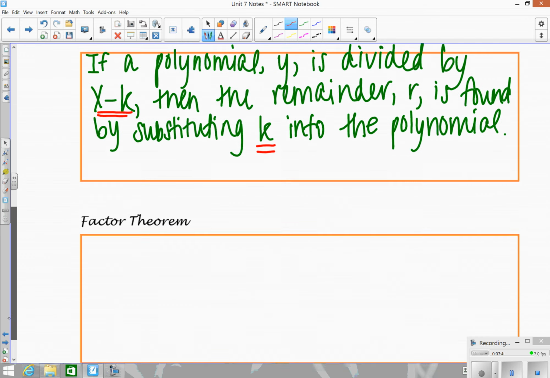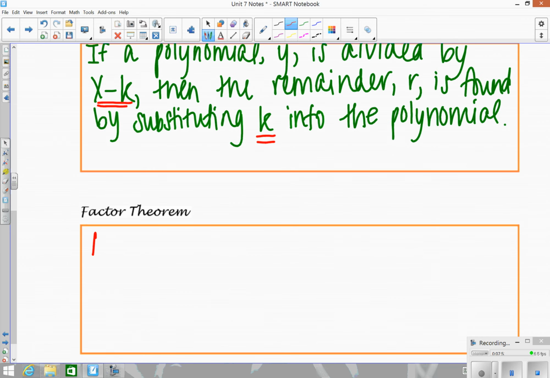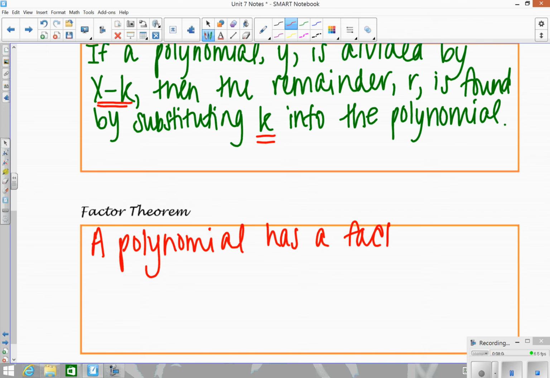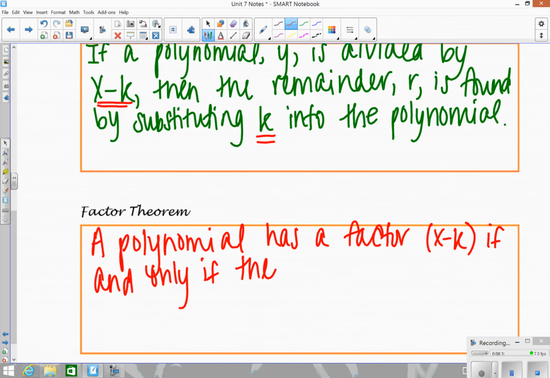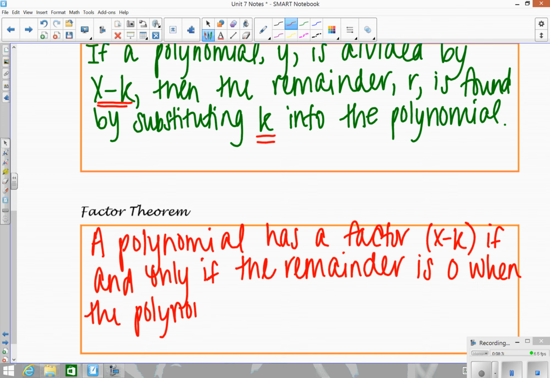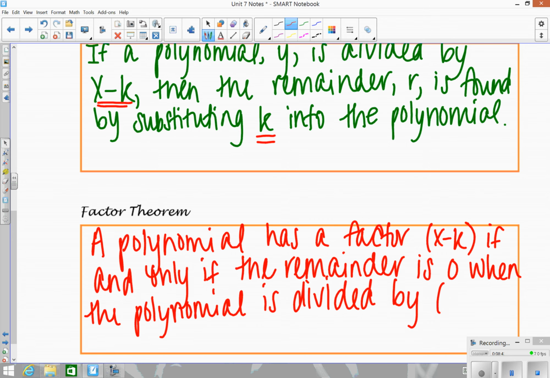So the next theorem is called the factor theorem, because what the factor theorem says is that a polynomial has a factor x minus k if and only if the remainder is 0 when the polynomial is divided by x minus k.